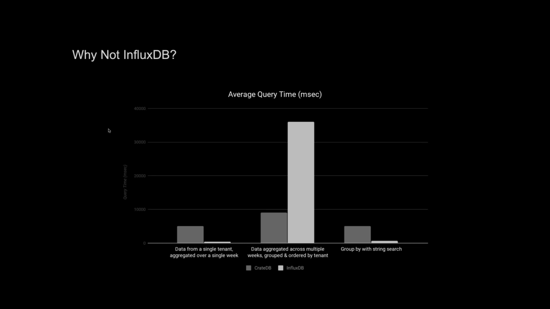But unlike InfluxDB, CrateDB includes an ANSI SQL standard access interface. In CrateDB, there's no limit to the number of columns in a table. You can add columns and indexes on the fly without having to dump and reload data.